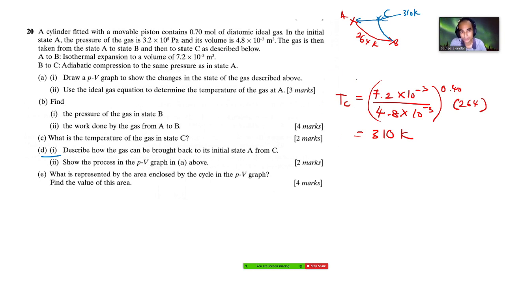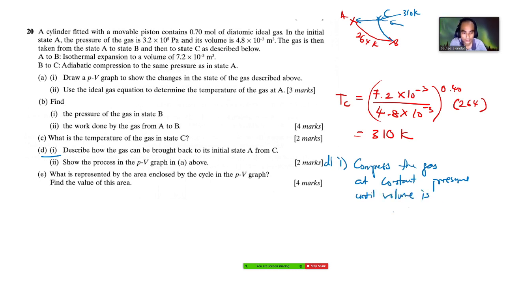What we can do is, because it has the same pressure, C to A, same pressure. So what we do for D1 is compress the gas at constant pressure until the volume is 4.8 times 10 power negative 3.